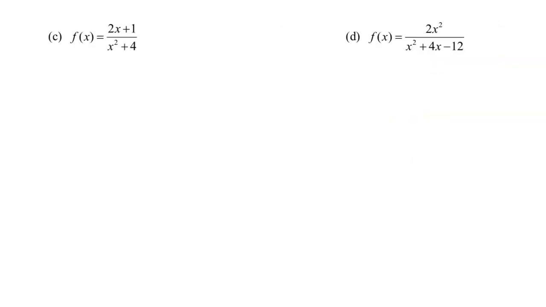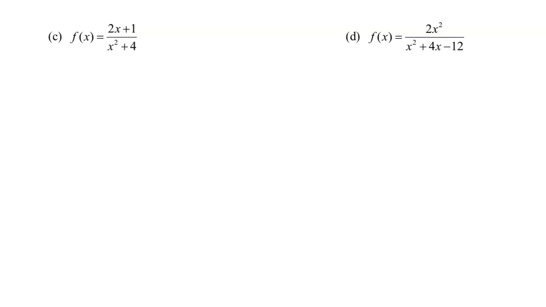Okay, in example C, again, you're going to try to factor anything that you possibly can, but in this particular example in letter C, notice that you can't factor anything. That's especially true about the denominator because of that plus sign. If it was x squared minus 4, then that would factor as a difference of squares. But since it's plus 4, that doesn't factor at all.